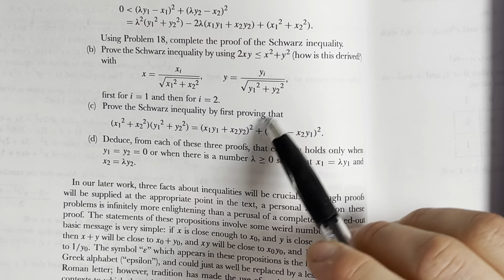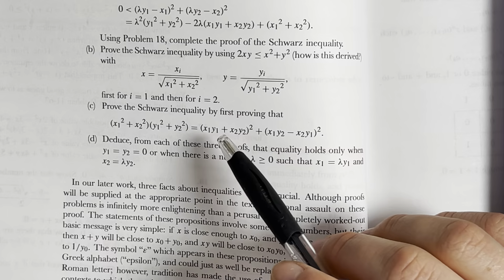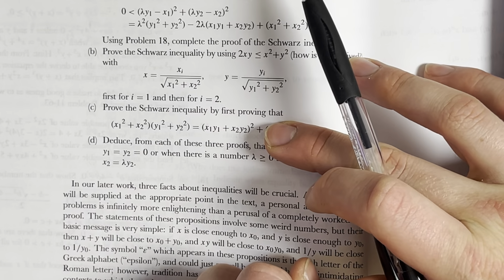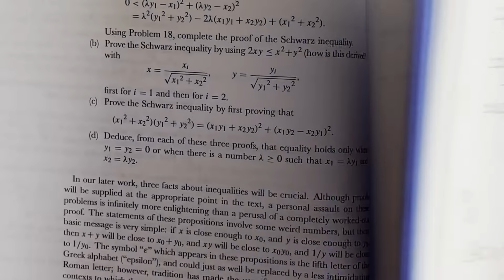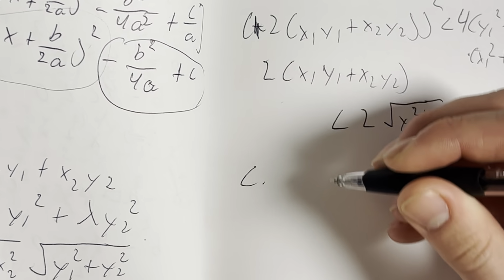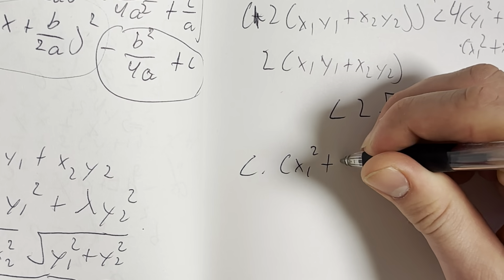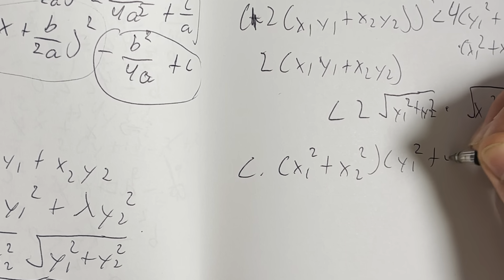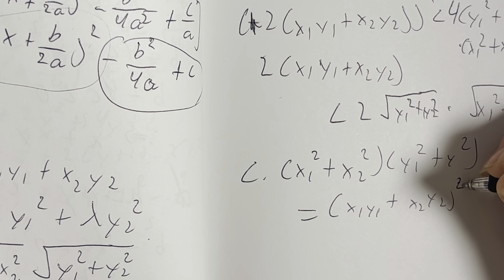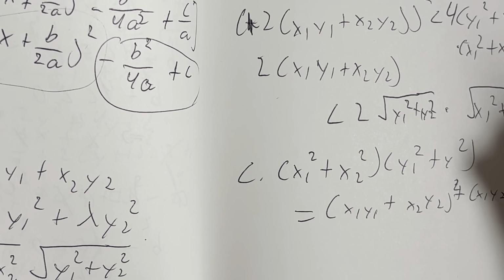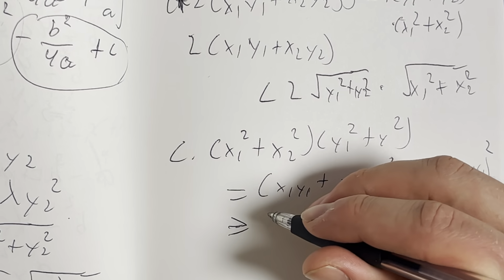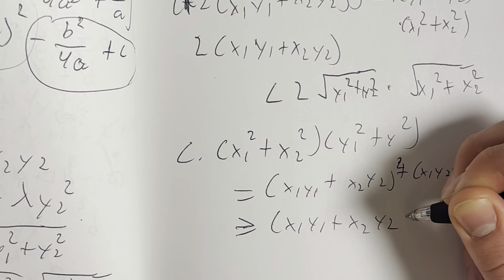Because, well, this is obviously positive because it's a square, so this whole sum is obviously greater than just having this, and so we have that x1 squared plus x2 squared times y1 squared plus y2 squared is equal to x1 y1 plus x2 y2 squared plus x1 y2 minus x2 y1 squared, which is greater than or equal to just this part, x1 y1 plus x2 y2 squared.